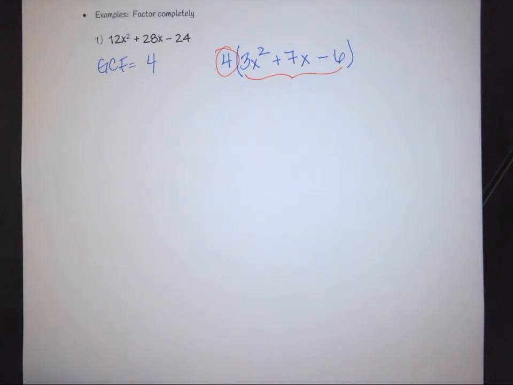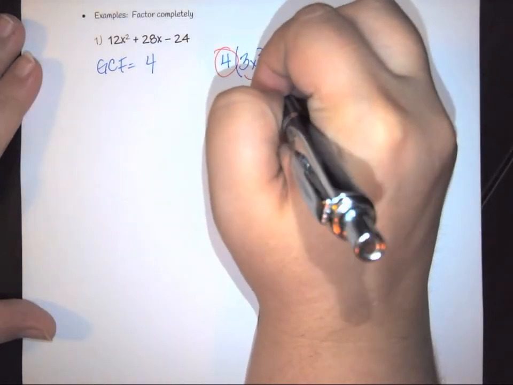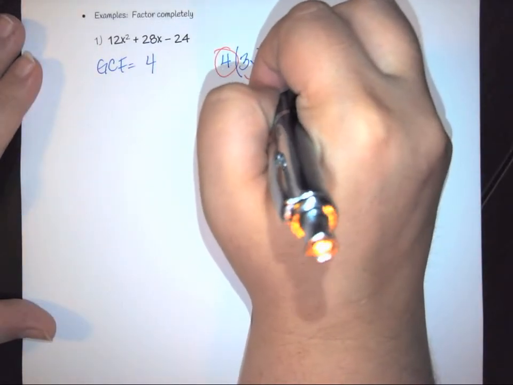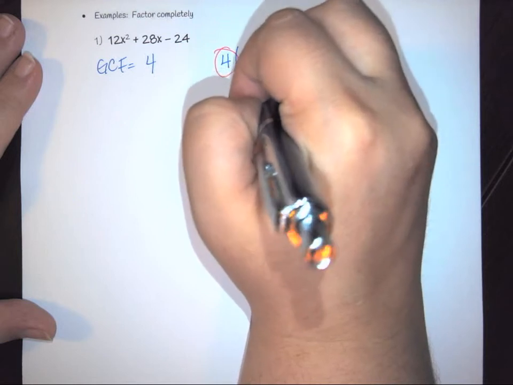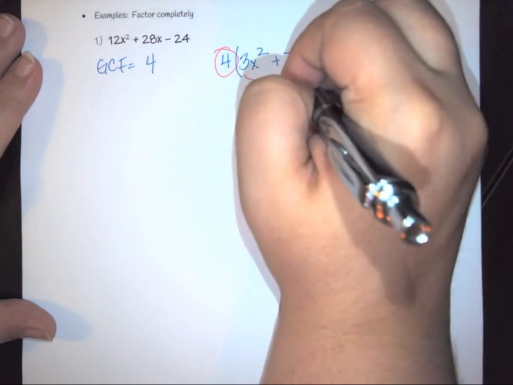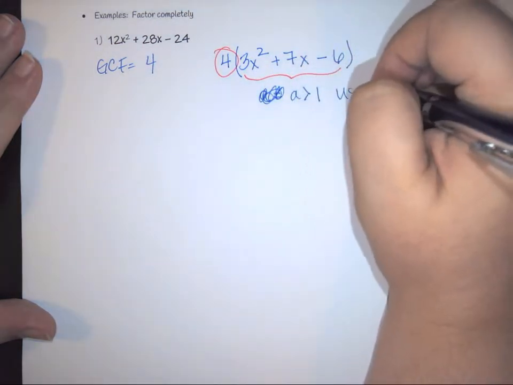Okay. Now with this trinomial, my A term is greater than 1, so we are going to use bottoms up.